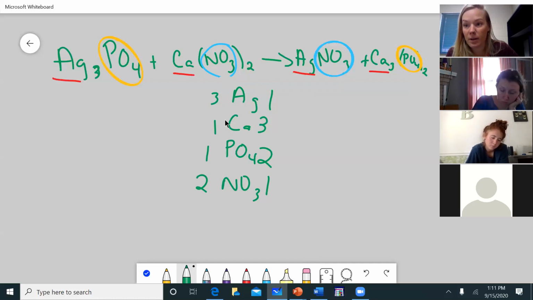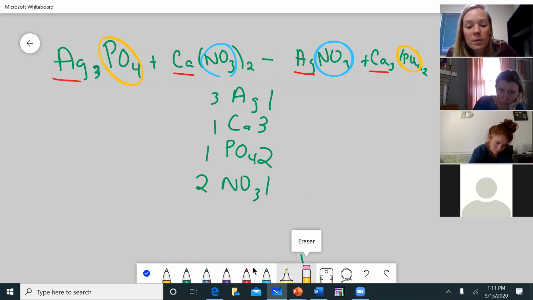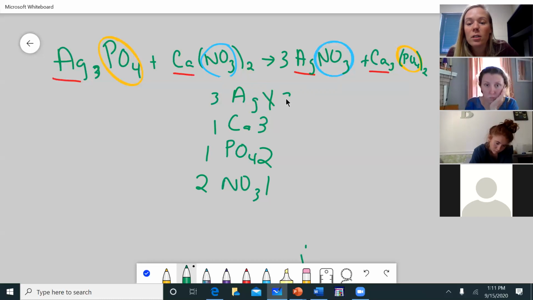There's going to be some sort of multiplier that gets to 6. I know that. So we can start with the metal. So if I've got 3 AGs over here, I need 3 AGs over here. So make a little bit more space for us. So if I put a 3 here, that changes my AG to 3. It changes my NO3 to 3 as well.